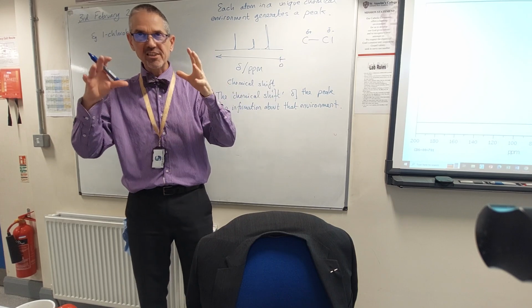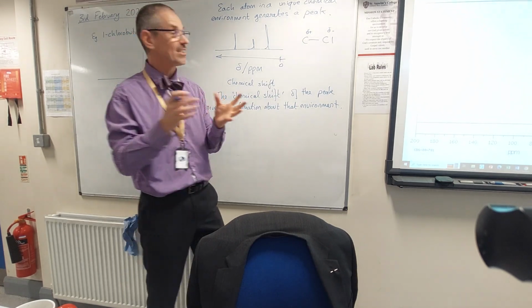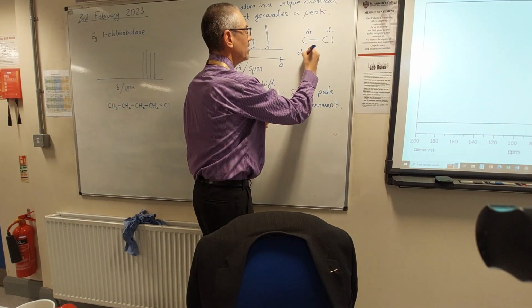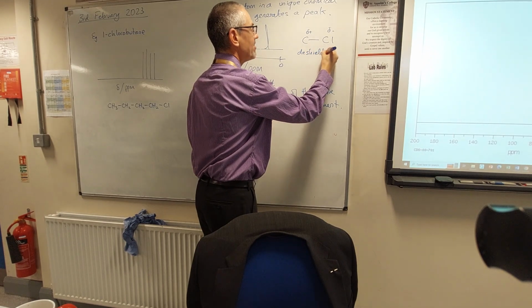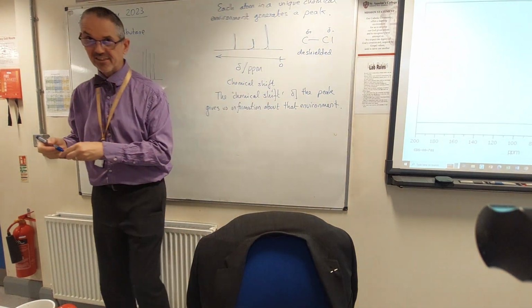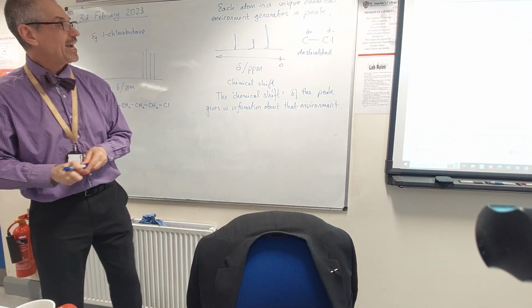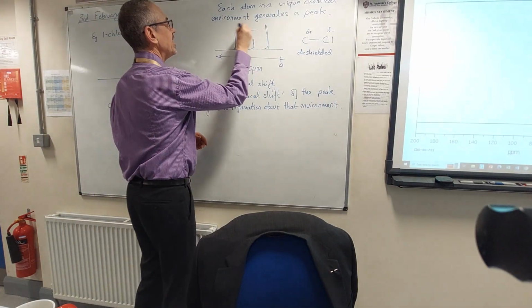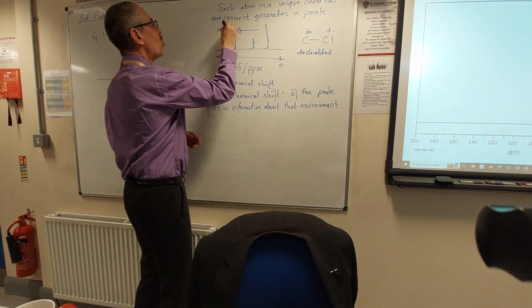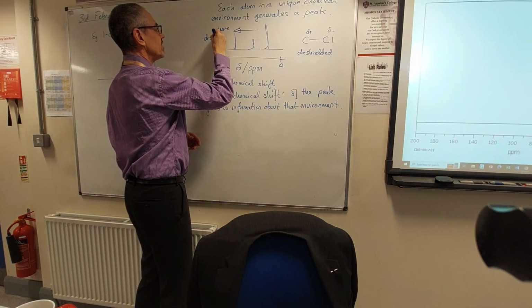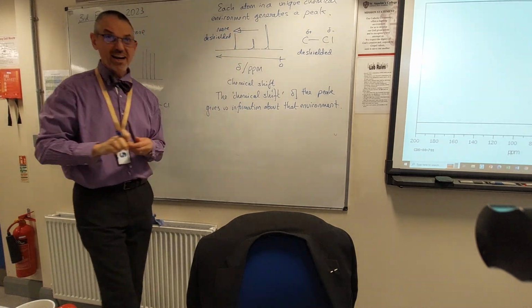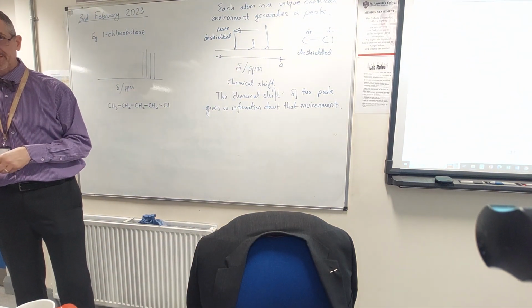So we often refer to that cloud of electrons around an atom as shielding, don't we? If we take away that shielding, we say that the carbon is de-shielded. And on our spectrum, anything towards the left is more de-shielded. In other words, it's got more electronegative stuff next to it.